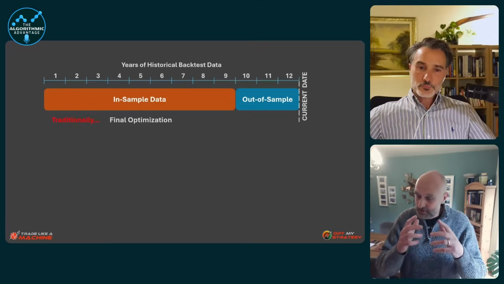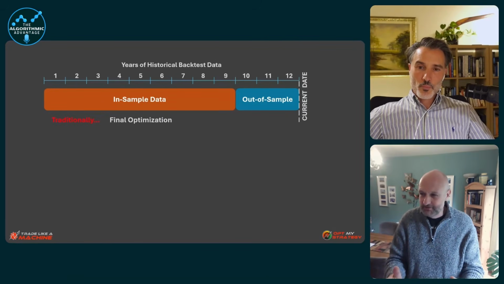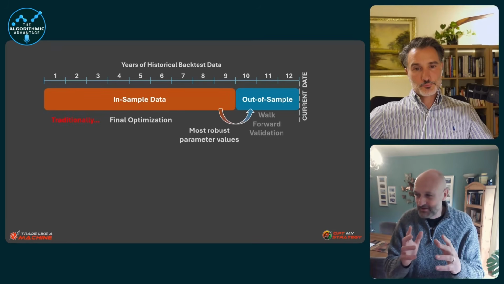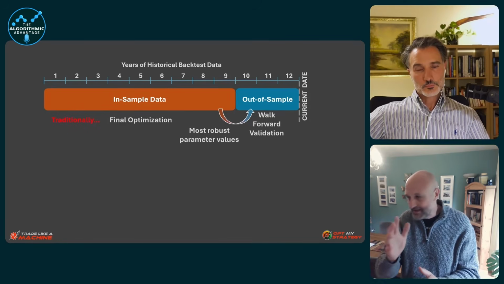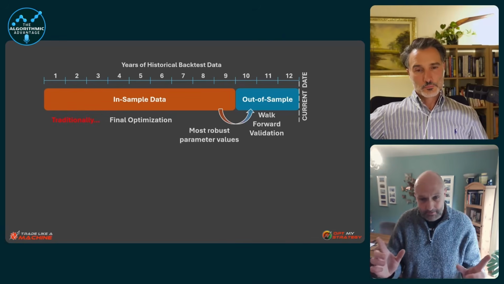So keep this for your validation stage. So traditionally, after you've gone through this and you've done your final optimization, you'll then take what you consider to be the most robust parameters and you'll test them on this walk forward validation out of sample data.